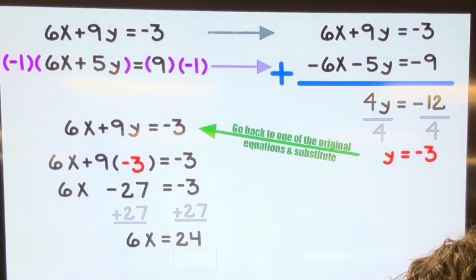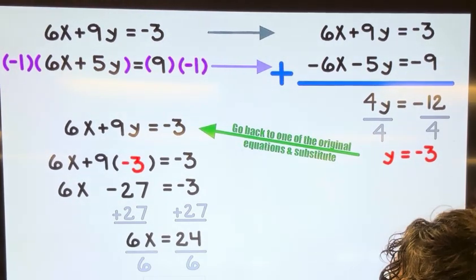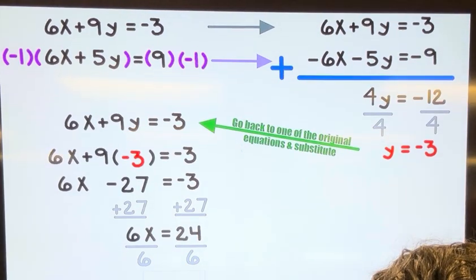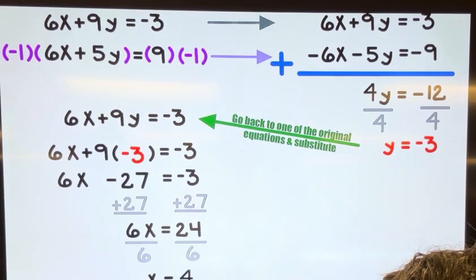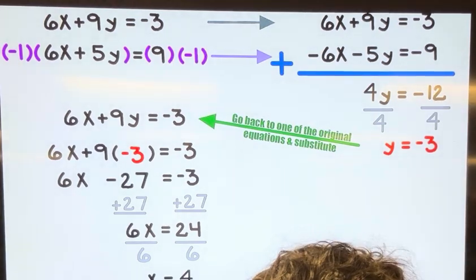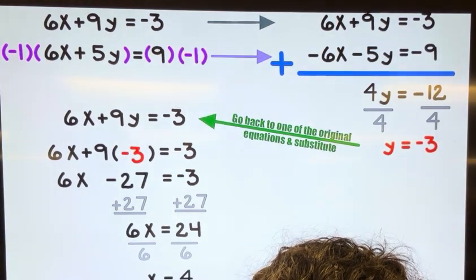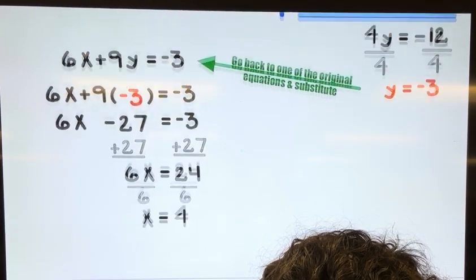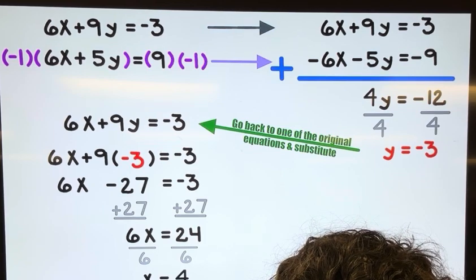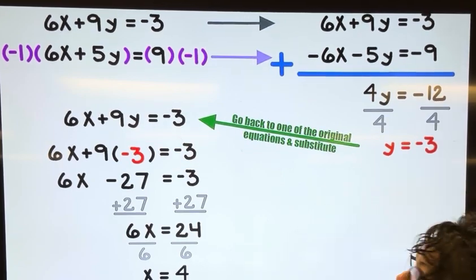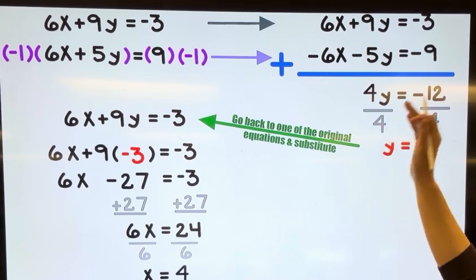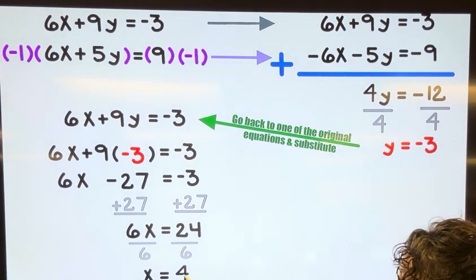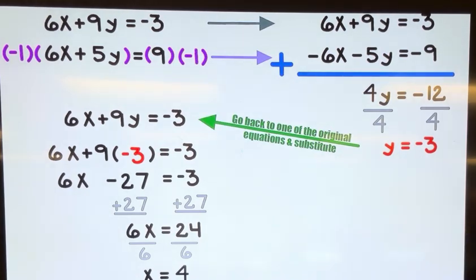So let's divide by 6. X is by itself, and +24 divided by +6 is going to equal 4. Just make that a little smaller so you can see that. Okay, so it equals 4. And if I was to graph the original two equations, those two lines would end up crossing at the point 4, -3.